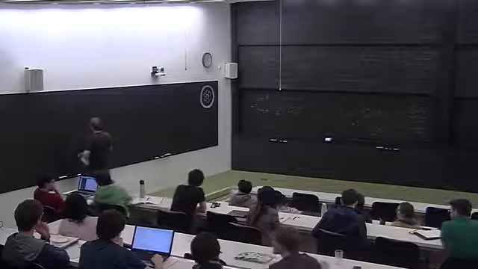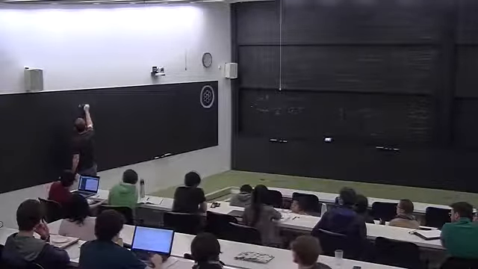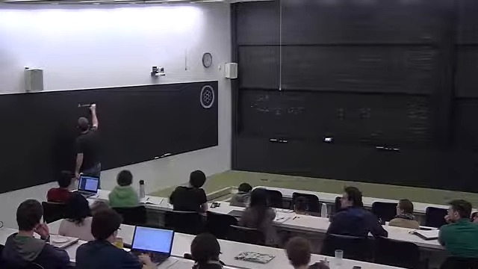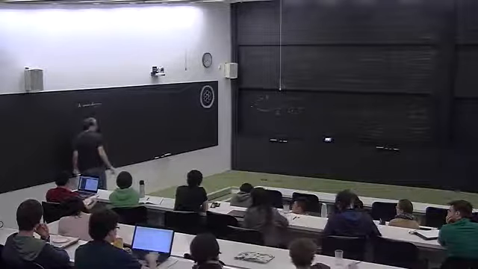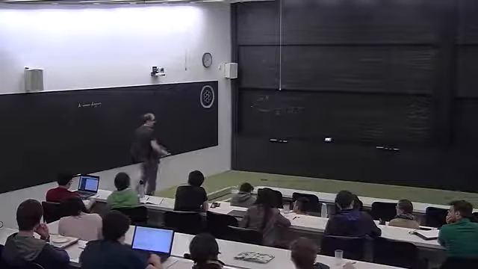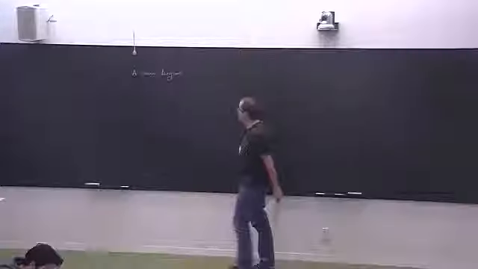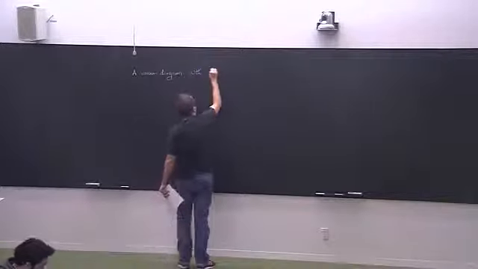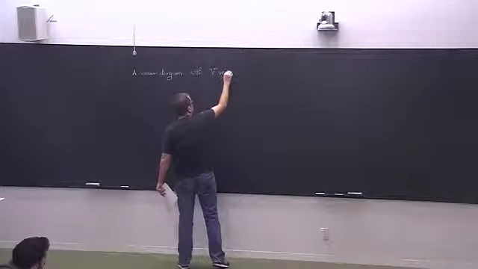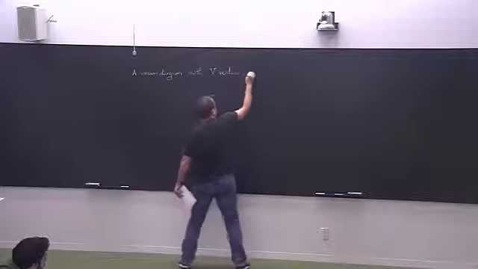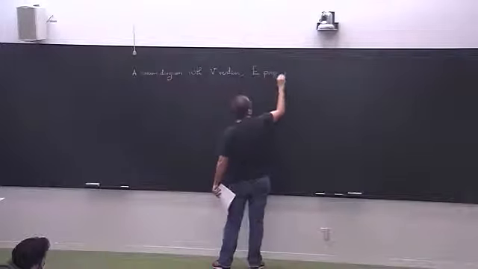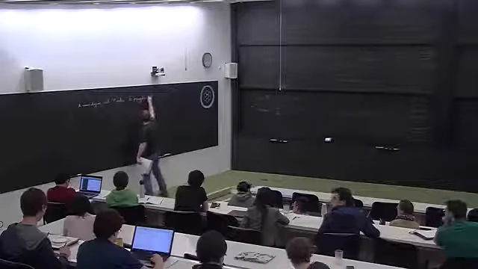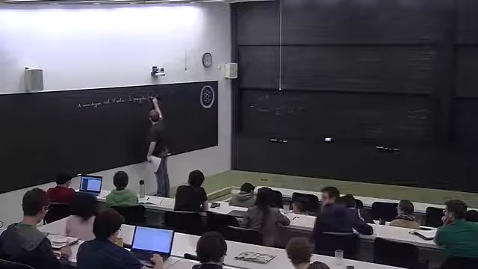So let's consider a vacuum diagram. Right? So a diagram, just a vacuum. So I consider the partition function, all bubbles and so on. So a vacuum diagram with V vertices, E propagators, which I call edges as well.